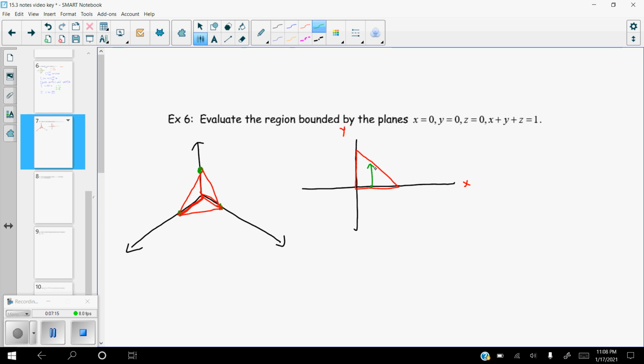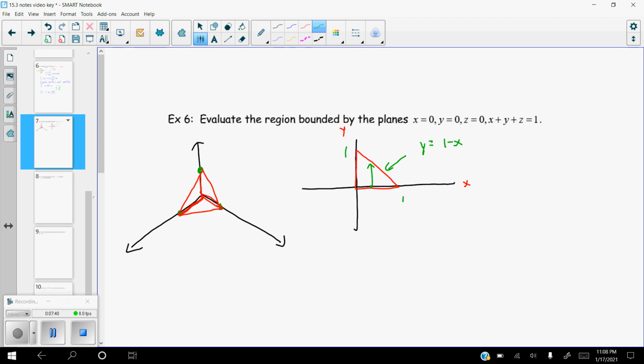So y will vary from a function to a function. So it looks like y is going to go from 0 up to that linear function right there. And that linear function is, well, let's see, that's 1, that's 1. So we know that the linear function here is going to be y equals 1 minus x, because it's going to start at 1 or have a y-intercept of 1 and a slope of negative 1.